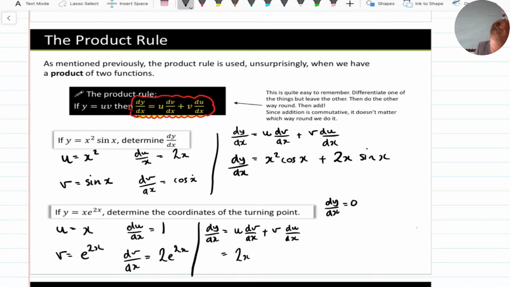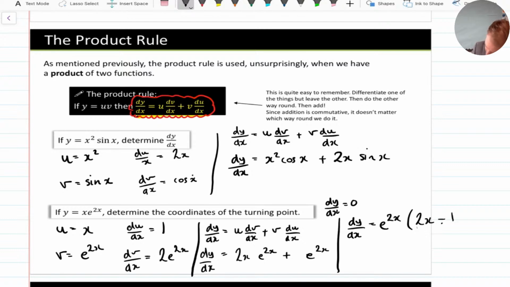So it's 2x e to the 2x, I'll just put that 2 in front at the beginning, plus v times du, which is just 1 times e to the 2x, so e to the 2x. Now remember, we're trying to find the turning point here. So usually what we do is we factorize out that e to the 2x. So dy by dx is equal to e to the 2x times (2x plus 1).